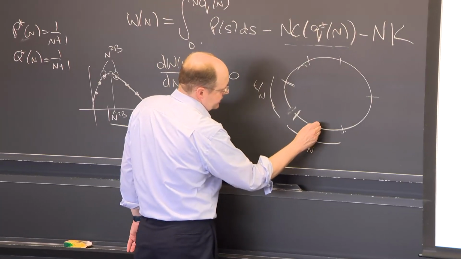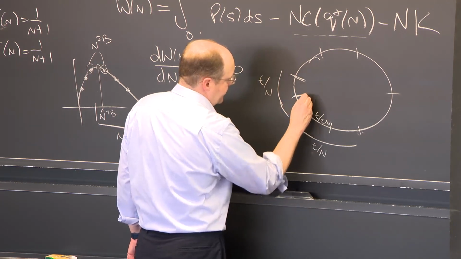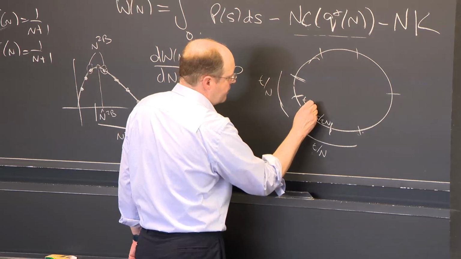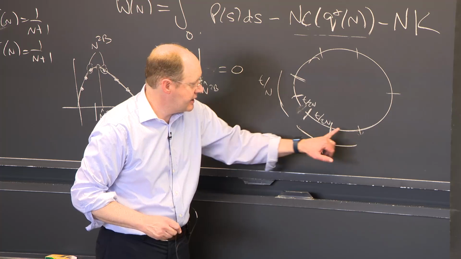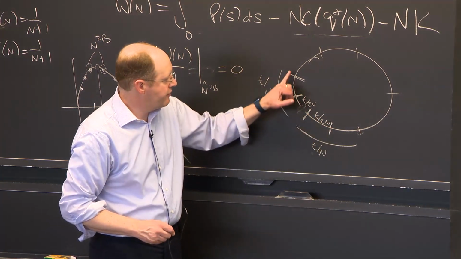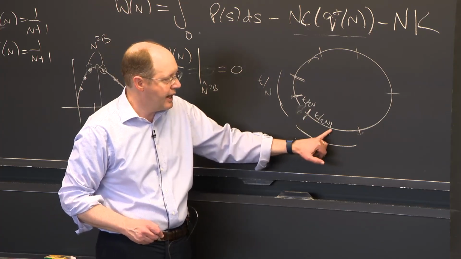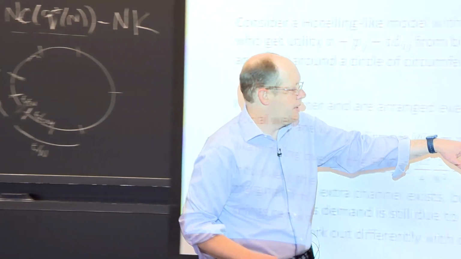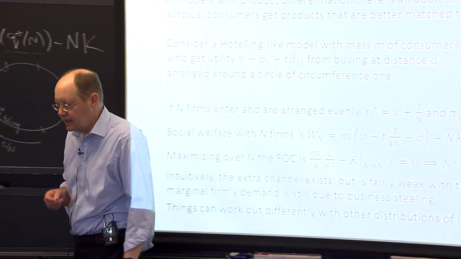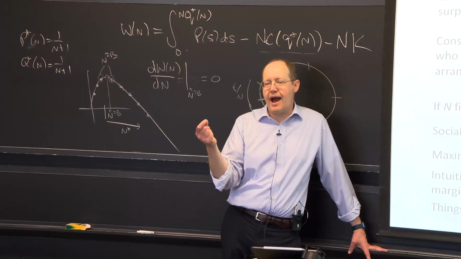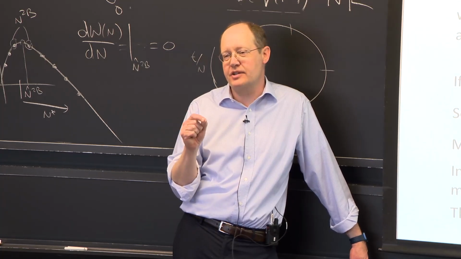This guy here sells to customers who are within distance T over 2n to the left and customers within T over 2n to the right. So he's selling to customers who are, T over n is his distance, so everybody equidistant between him and the next firm over buys from him. If you sell to customers whose distance ranges from 0 to T over 2n, the average distance that people have to travel is T over 4n. So this is the extra welfare increase that I mentioned, that as n increases, the distance traveled goes down. That causes a consumer surplus increase that's separate from the one that comes from the prices dropping.